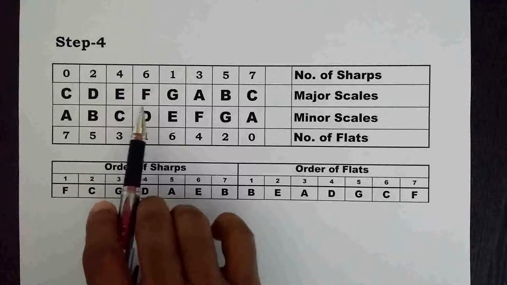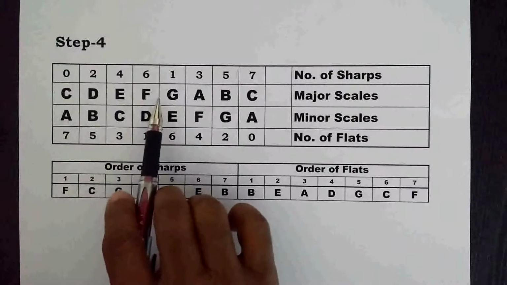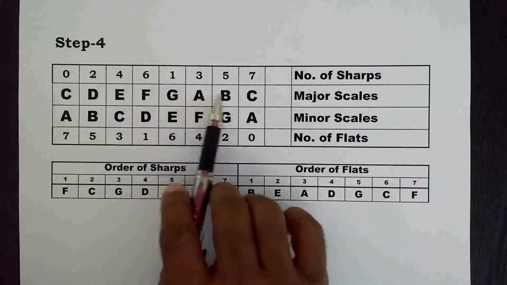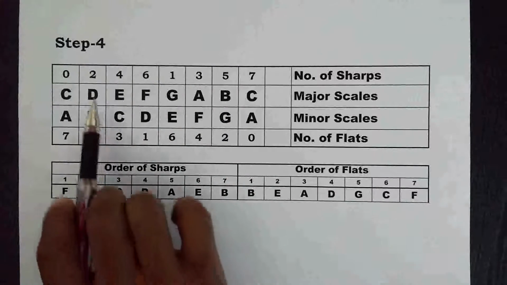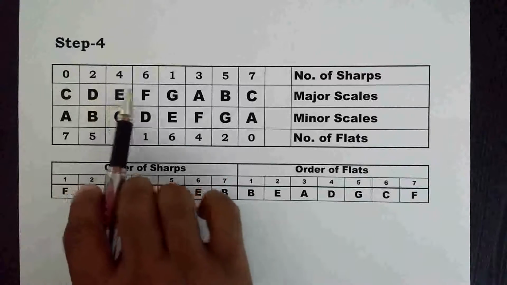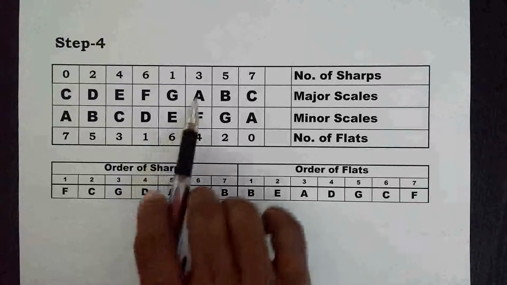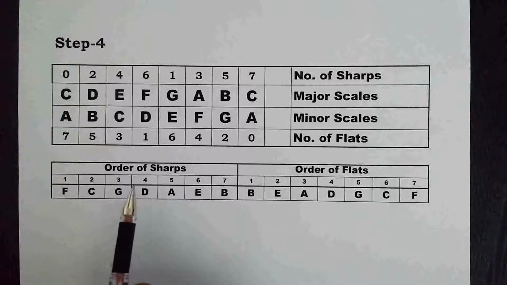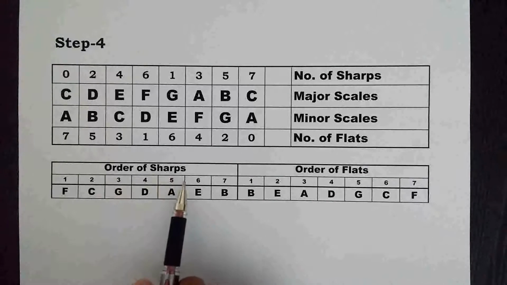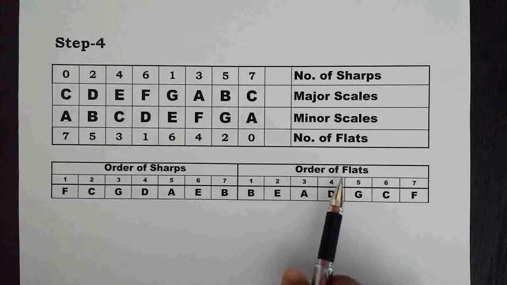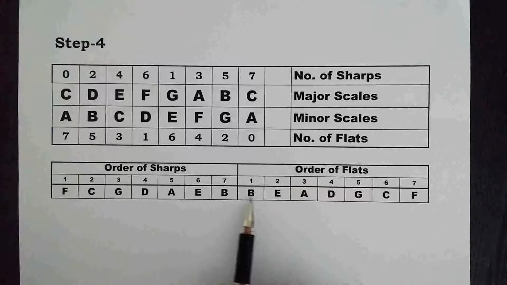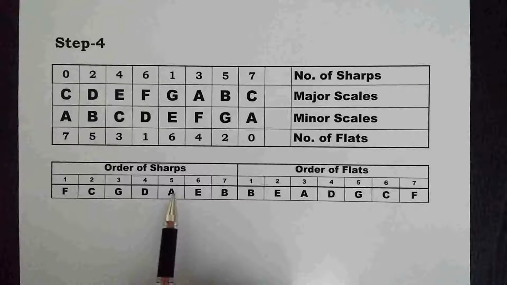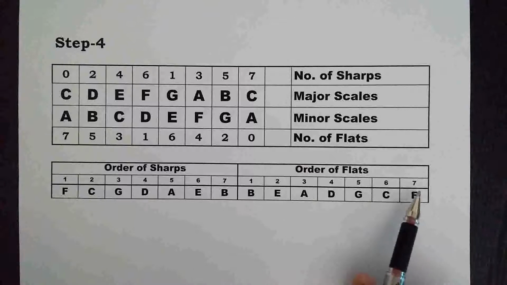That is, first F, then the fourth note, counting 1, 2, 3, 4, is C, repeating 1, 2, 3, 4, is G, 1, 2, 3, 4, is D, and we will get the order of sharps. Now, the order of flats can be obtained by simply reversing the order of sharps, which is B, E, A, D, G, etc.